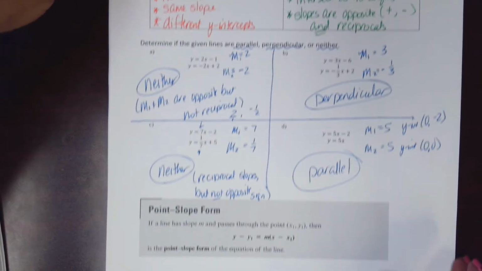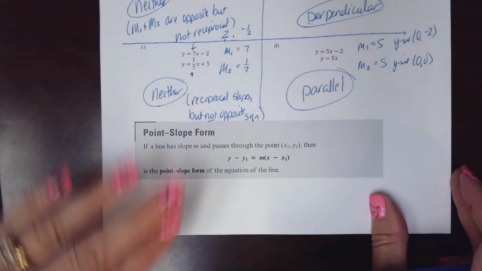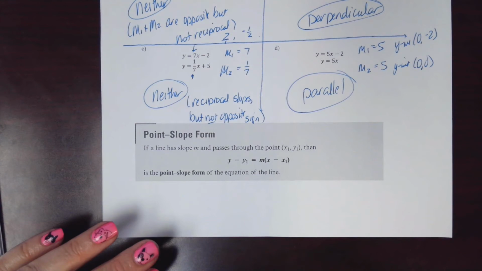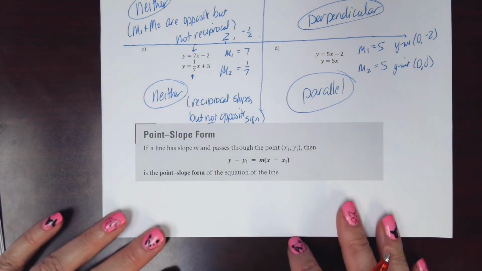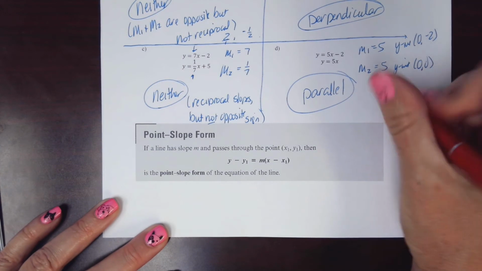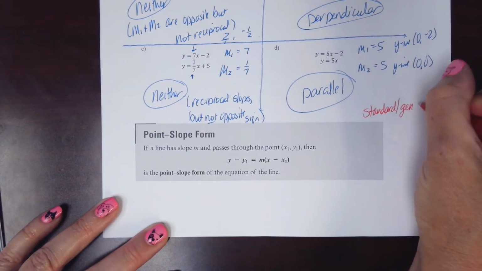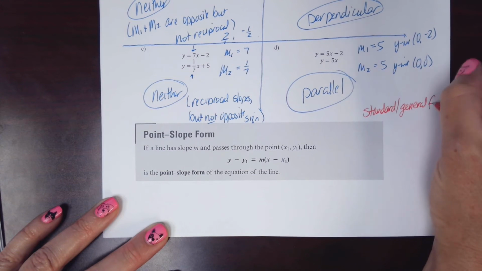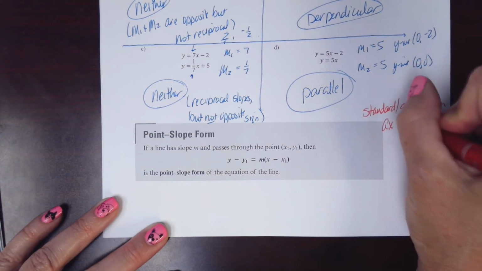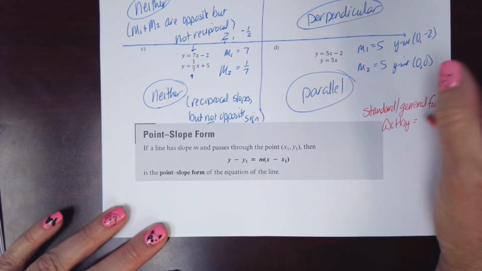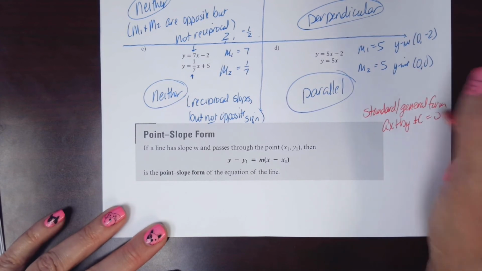moving right along. Remember to pause, slow down, rewind, whatever you need to do to make sense. We're going to talk about our next form of the linear equation. We've got our standard form, or general form. I can't remember what this book uses. Standard or general form: Ax + By + C = 0.